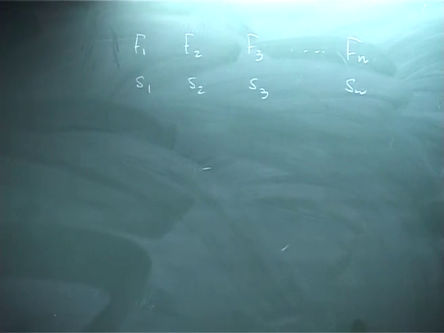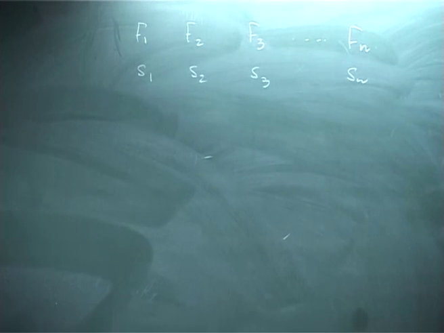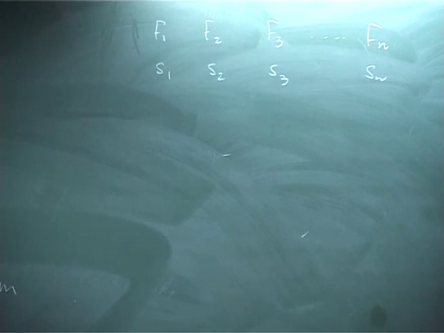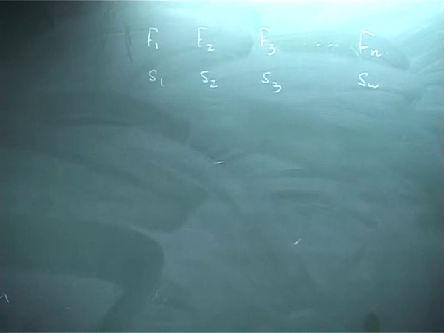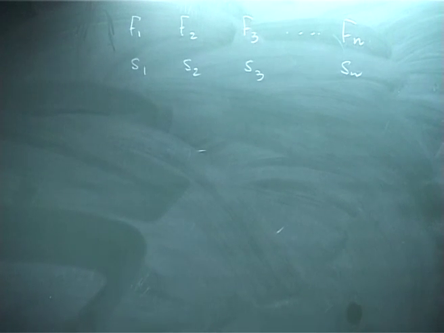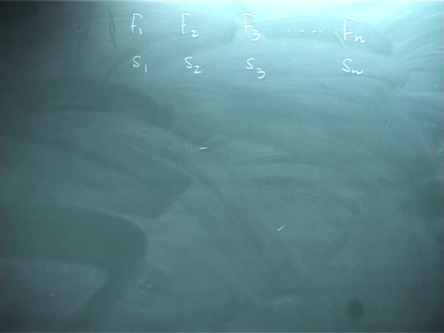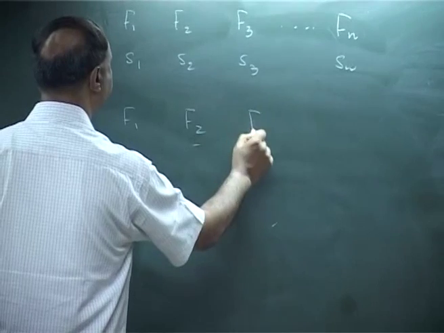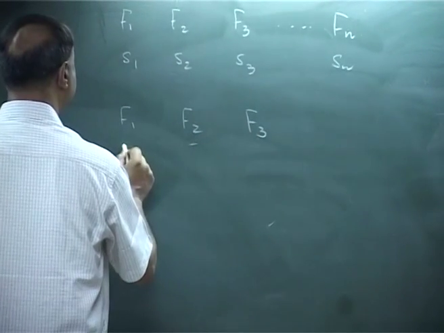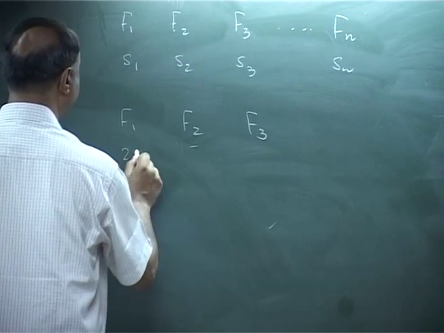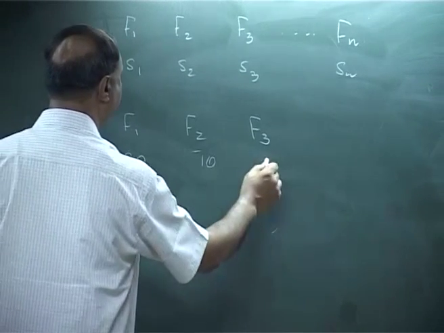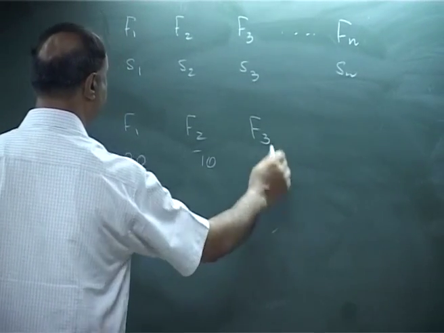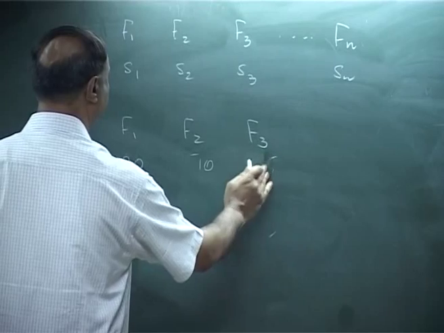Now we would like to store these files on the magnetic tape in such a way that it takes the minimum amount of time. Suppose I have three files, F1, F2, F3, and the sizes of the files are 20, 10, and 15.